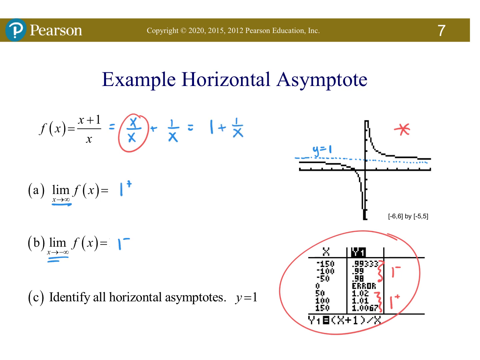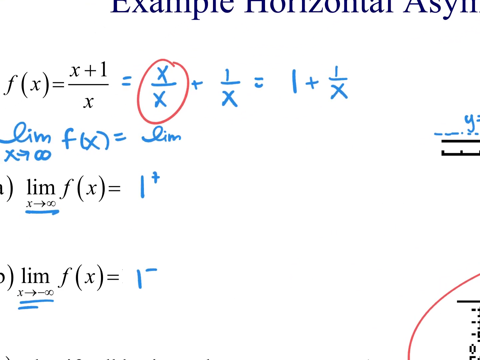And then if we took the limit as x approaches positive infinity of f of x, that would be the limit as x approaches positive infinity of 1 plus 1 over x, which is 1 plus 1 over infinity. 1 divided by infinity is 0, a form of 0, but that's 0 plus. So we get 1 plus. So that's proving it algebraically.